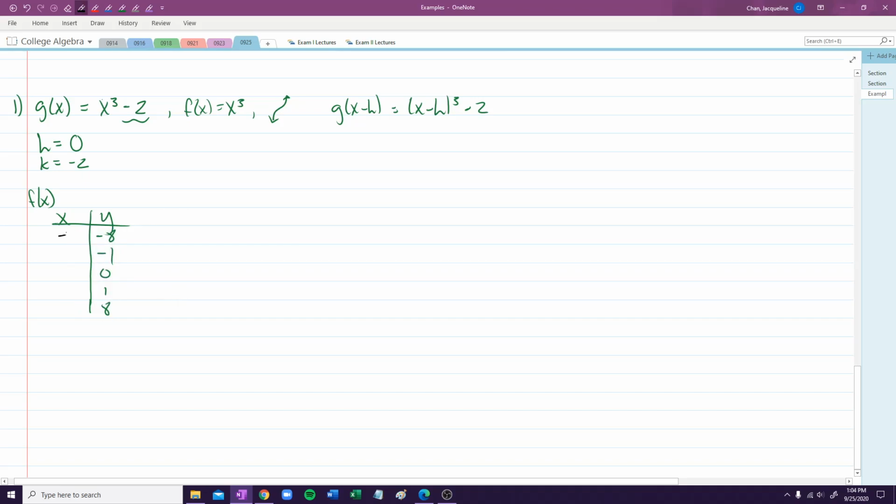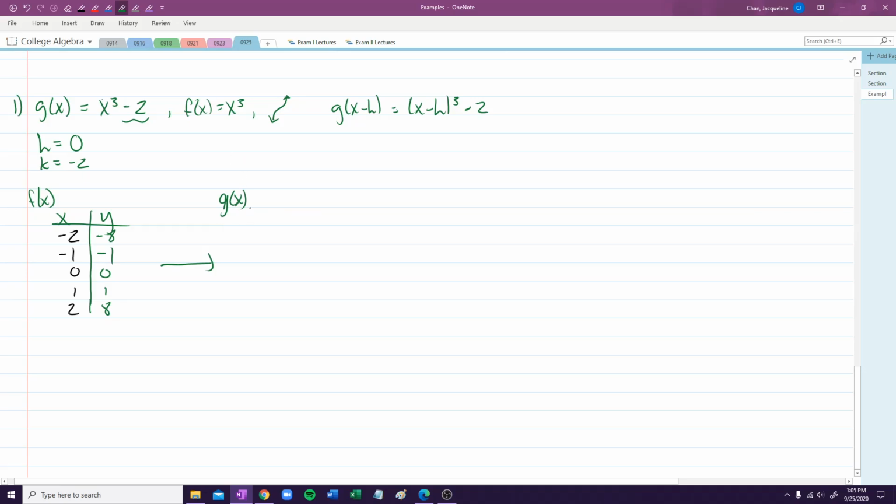So I have negative 2, negative 1, 0, 1, 2, because negative 2 cubed is negative 8, negative 1 cubed is negative 1, and so forth. But now I want to find the table for g.